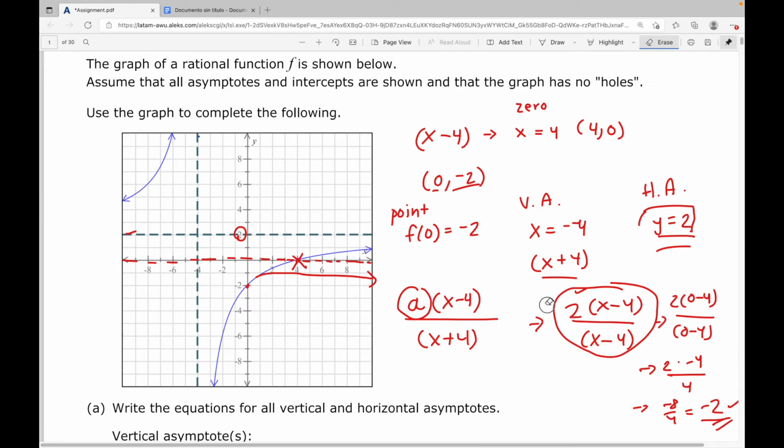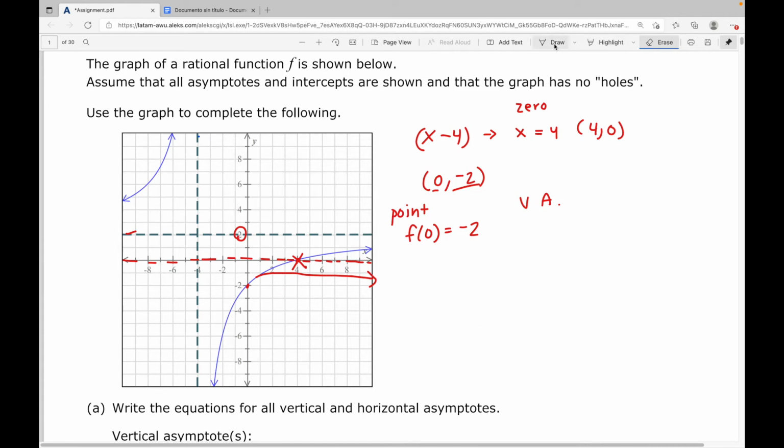So in this case, this is when we will use the equation of A divided by the only vertical asymptote that we have, which is x plus 4. So we're going to have this answer, right?